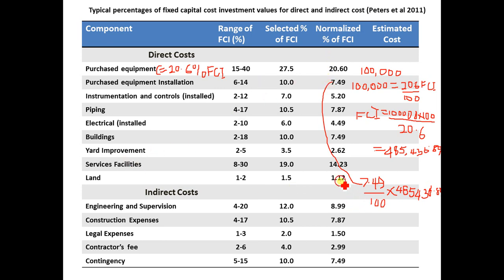If you want to calculate that of land, for example, it's going to be 1.12 over 100 times 485,436.89.